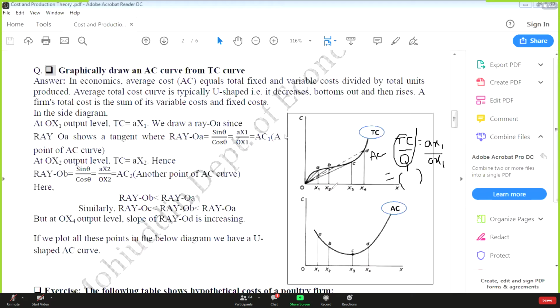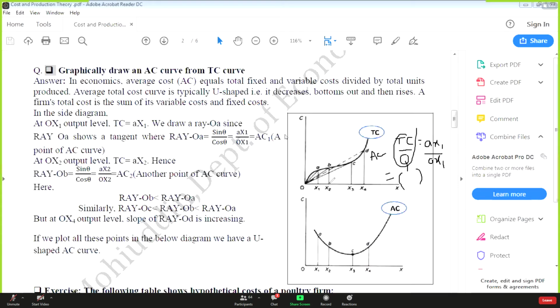Again, if you increase your output from x1 to x2, you draw another ray. Again there is a tan theta, height by width, so BX2 by OX2. Again this is another point of average cost curve.